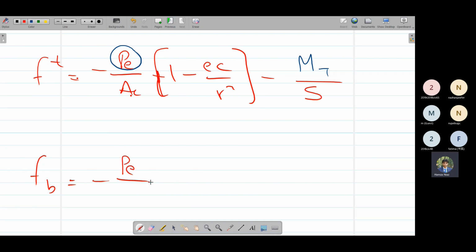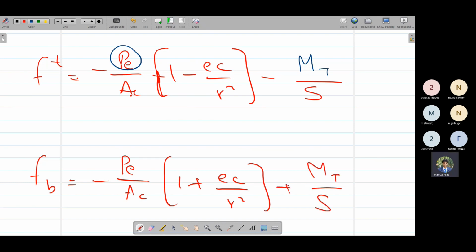Similarly, minus PE over A, 1 plus EC over R squared, and plus M total over S. Simply by changing these two values, we can calculate the stresses at full service load. And there are four conditions given.